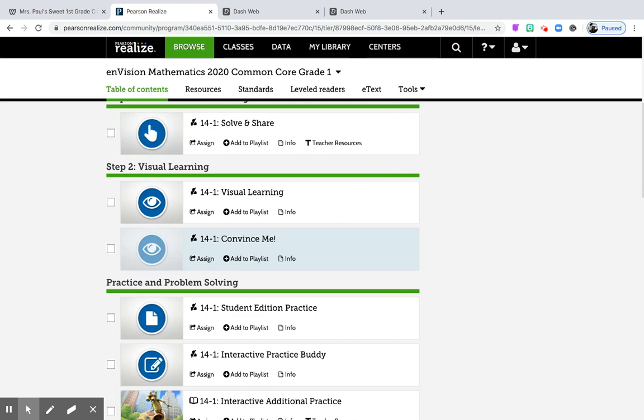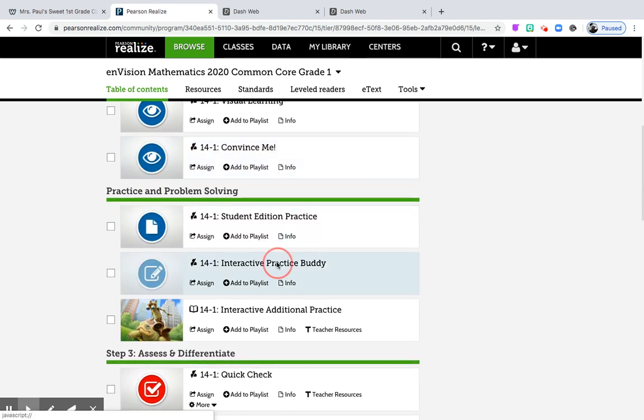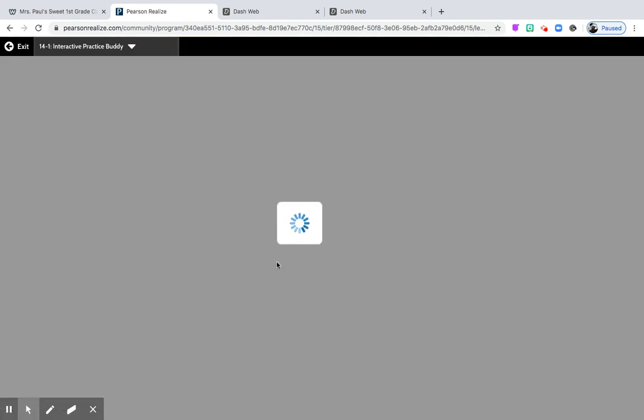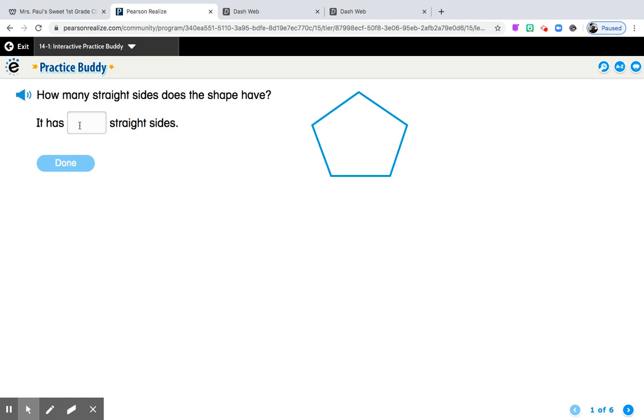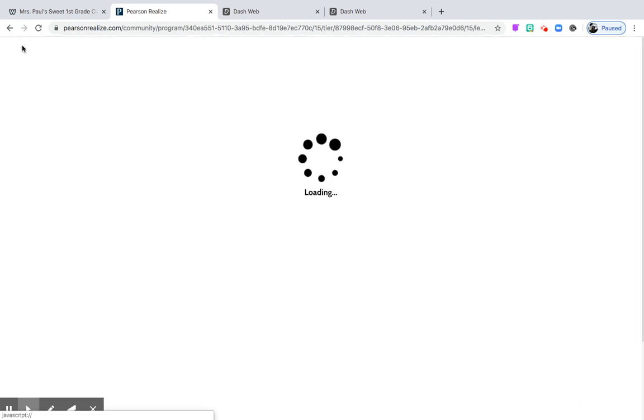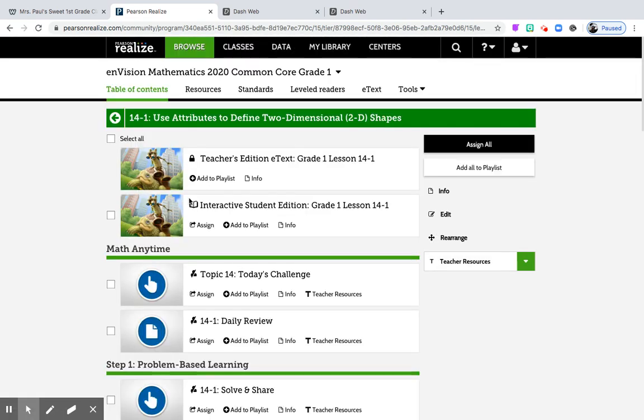When you're going to take a look at the practice buddy today, remember to listen to it a couple of times, like how many straight sides does the shape have? It has blank straight sides. You will write your answer, click done, and move on to the next one. Remember, this is your practice buddy.